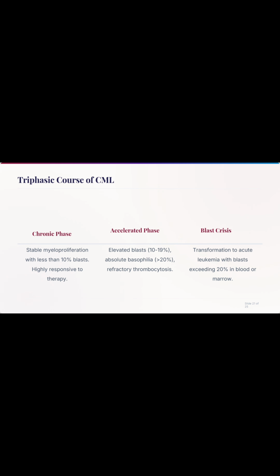The accelerated phase, elevated blasts, that is 10 to 19%, and with absolute basophilia, that is more than 20% of basophils, refractory thrombocytosis. Blast crisis, transformation to acute leukemia with blasts exceeding 20% in blood or marrow.